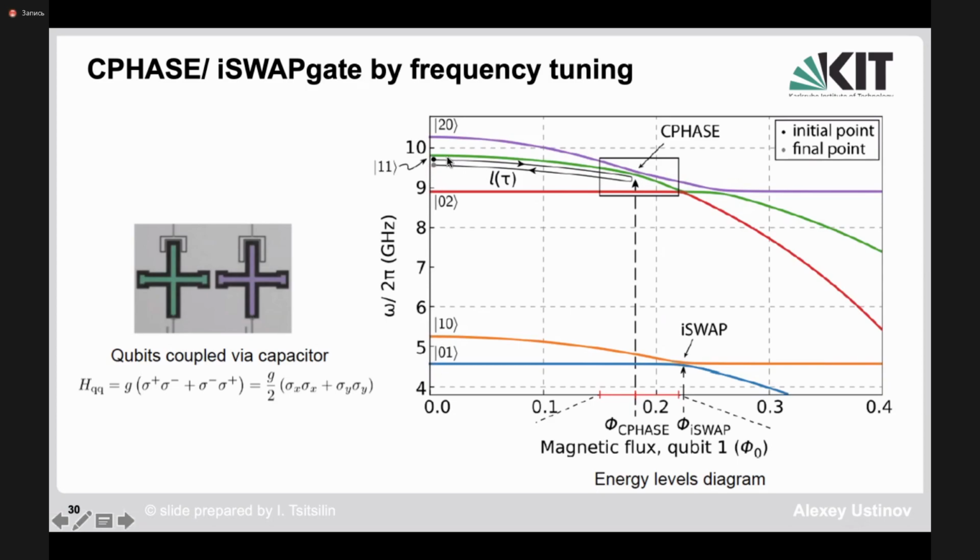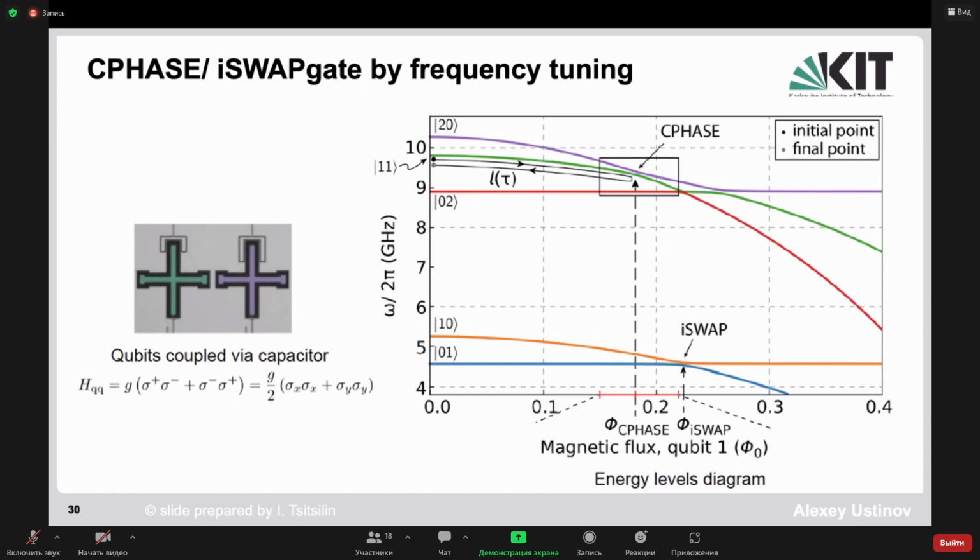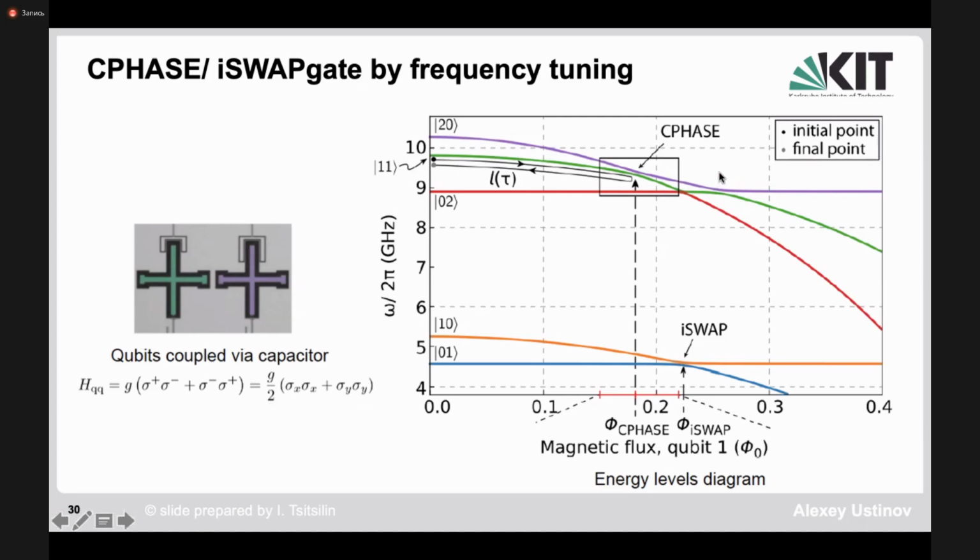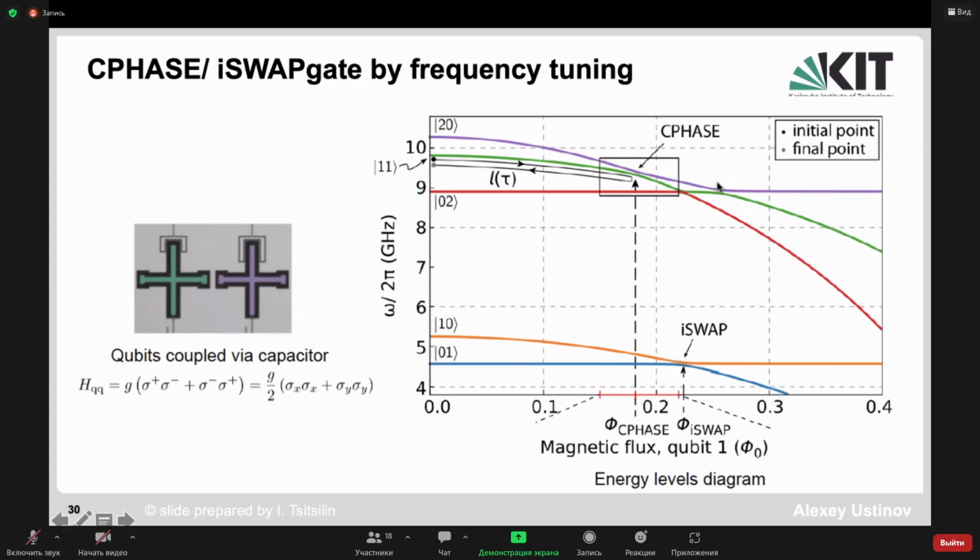It's here, roughly. And then if you tune now qubit 1 again in its second excited state, it crosses with the state here. You see it has a crossing with the state of the 1-1.